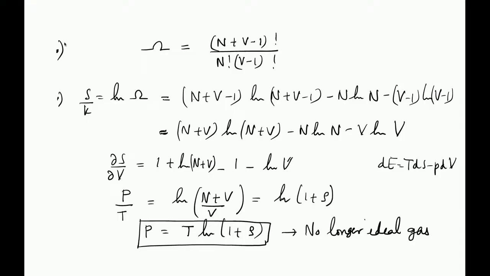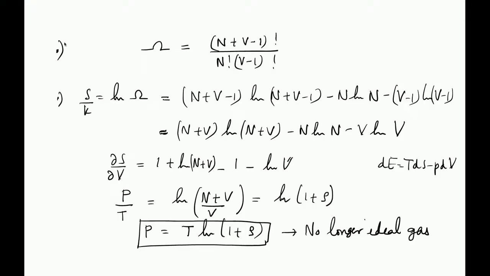So I take the Stirling approximation for the numerator, n plus v minus 1 log n plus v minus 1 minus n log n minus v minus 1 log v minus 1. I forget about this minus 1 and so on, because v is very large, or you can imagine that I replace v with v plus 1. So I have just dropped this minus 1: n plus v log n plus v minus n log n minus v log v.